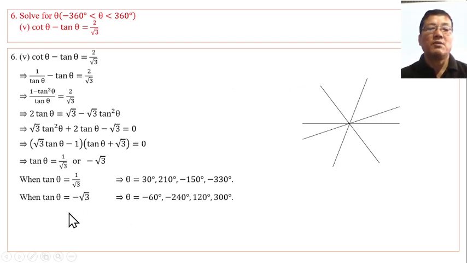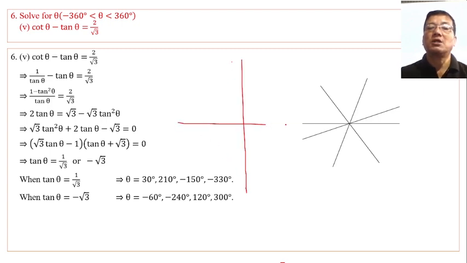Then tan theta is minus root 3, negative angle, which quadrant? Then negative, root 3 is 60 degree.